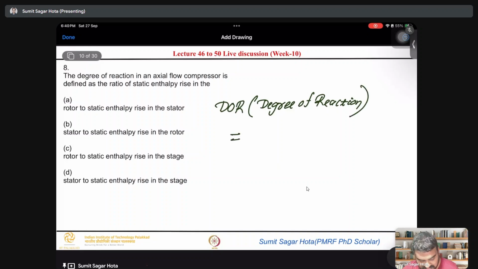Degree of reaction is equal to delta H rotor divided by delta H stage.